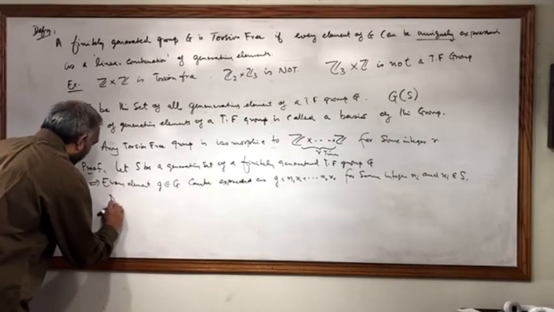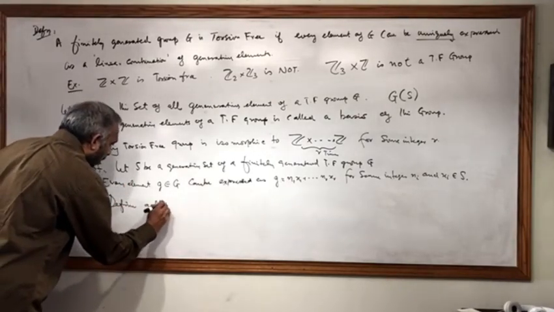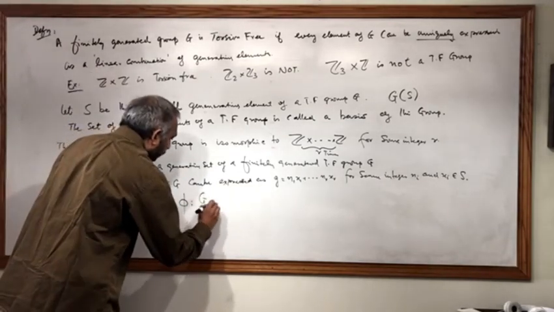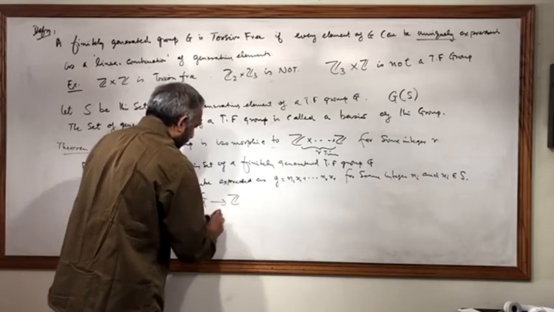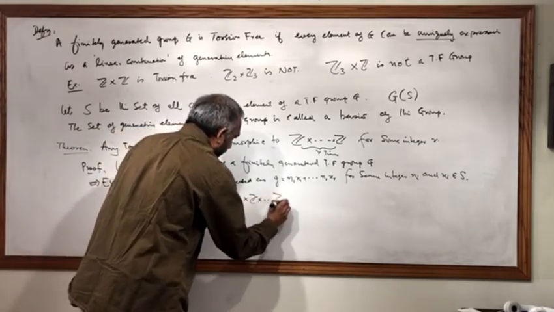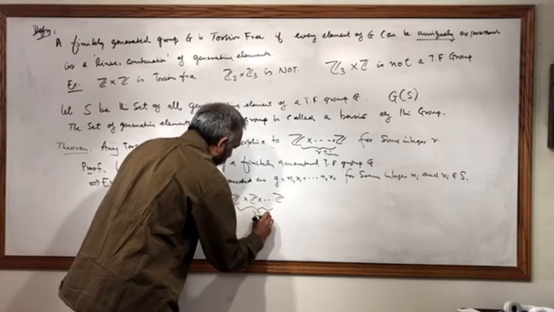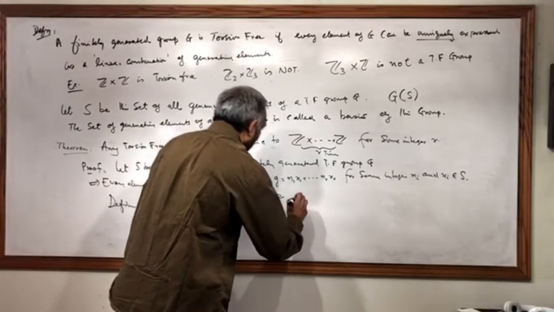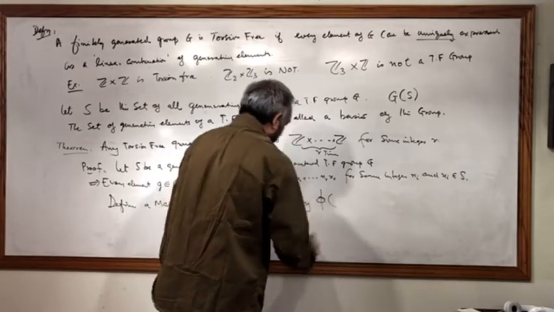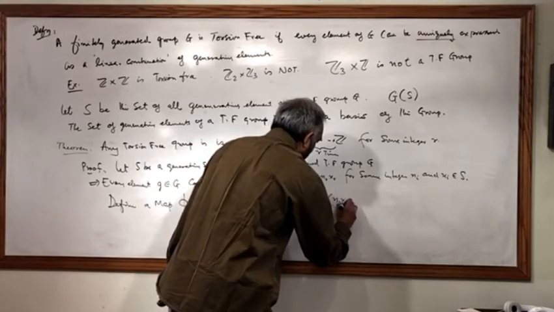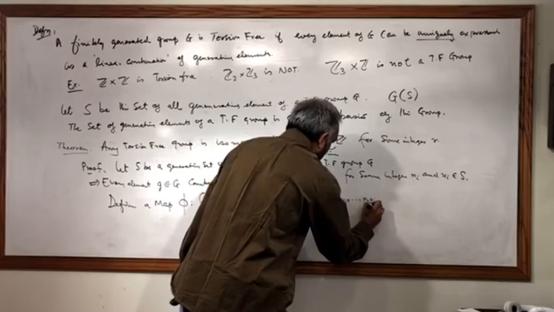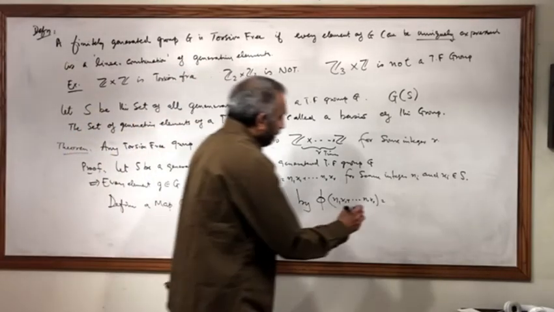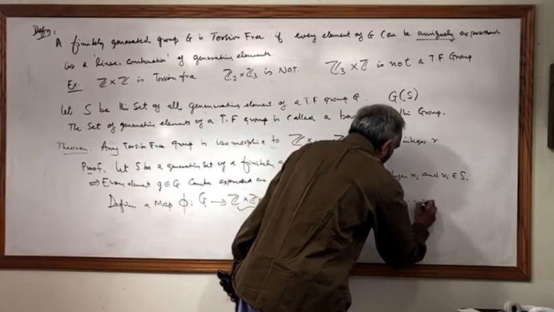So now define a map phi from G to Z cross dash Z, R times, by phi of n1 x1 plus dash nr xr is equal to the n-tuple n1 dash nr.